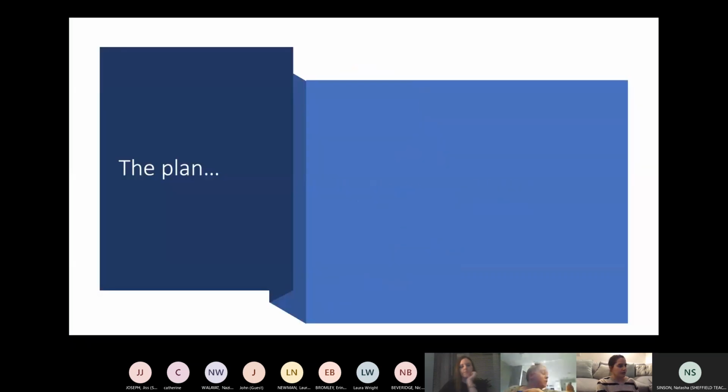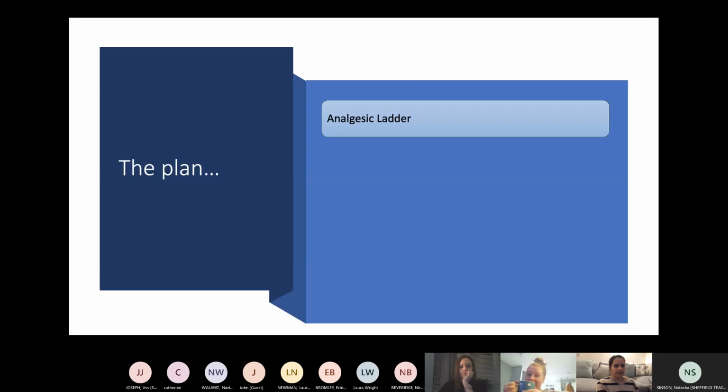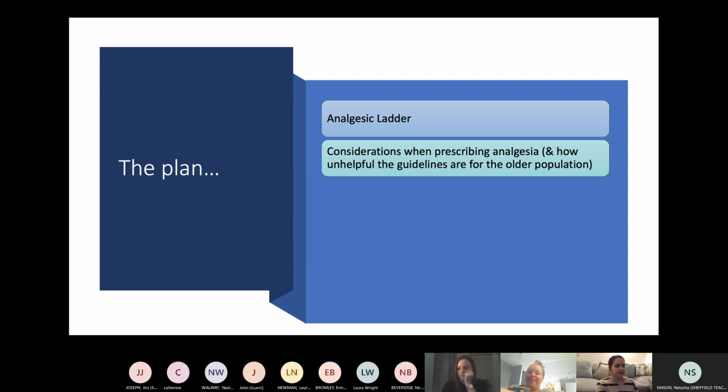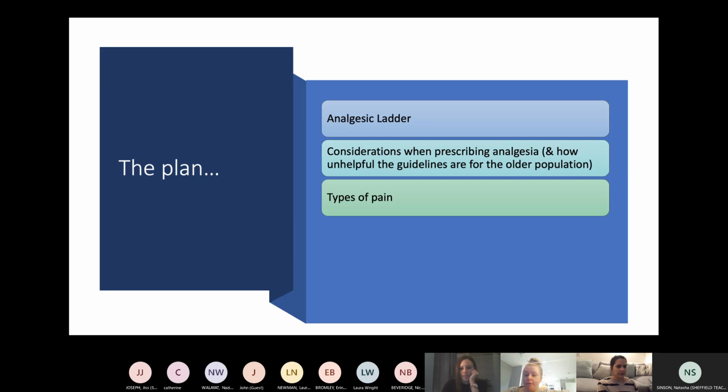So the first thing that we're going to do again is the plan of what we're going to do. Initially just a little bit about the analgesic ladder. Considerations about prescribing analgesia and how unhelpful the guidelines are for the older population sometimes because they just don't necessarily apply.